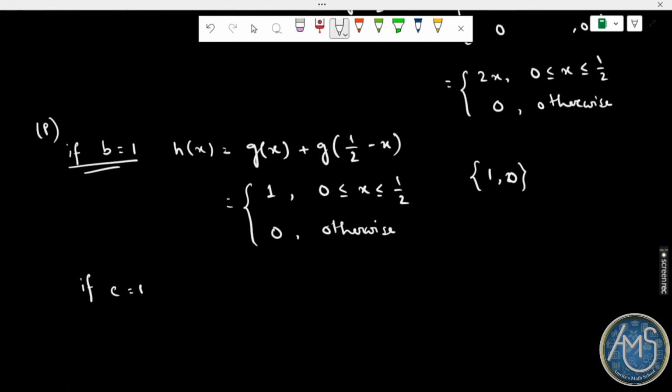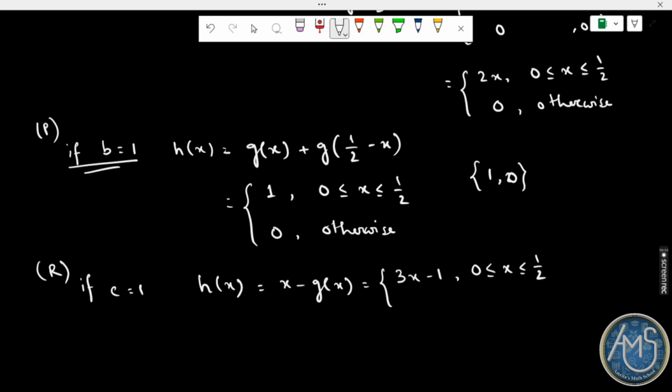And for c equals 1, that means option r, the function x minus g(x). If c equals 1, so h(x) equals x minus g(x). That means g(x) is 1 minus 2x. So it will be 3x minus 1 for 0 less than or equal to x less than or equal to half, and x minus 0, so x, for other cases.